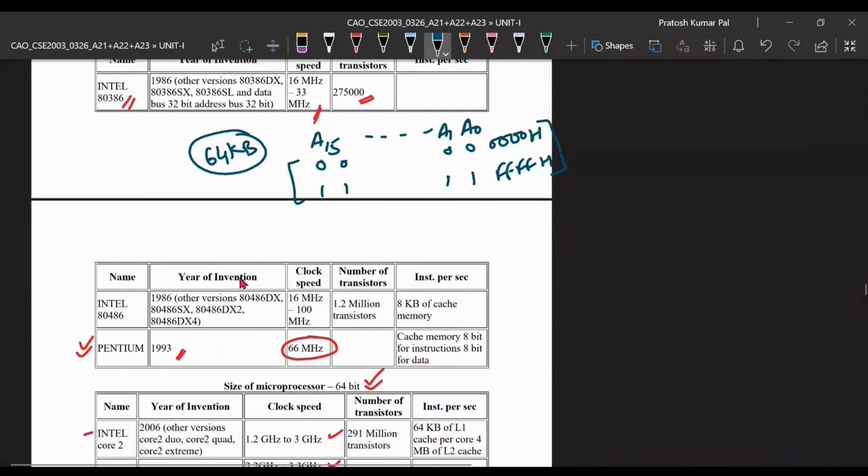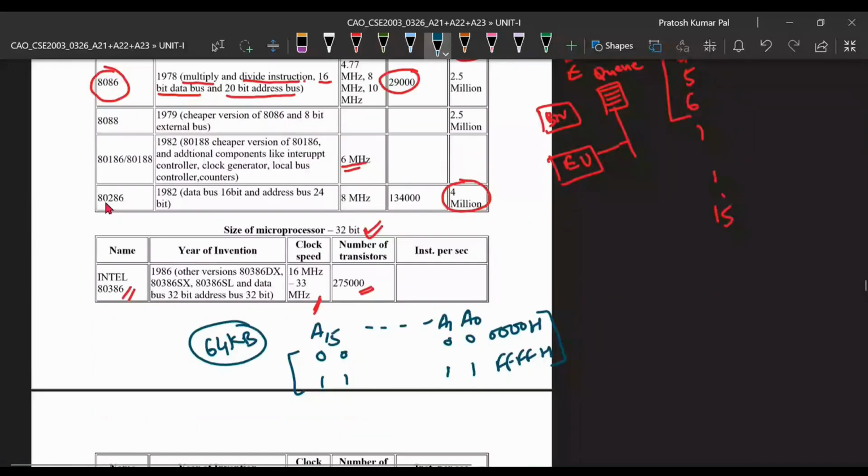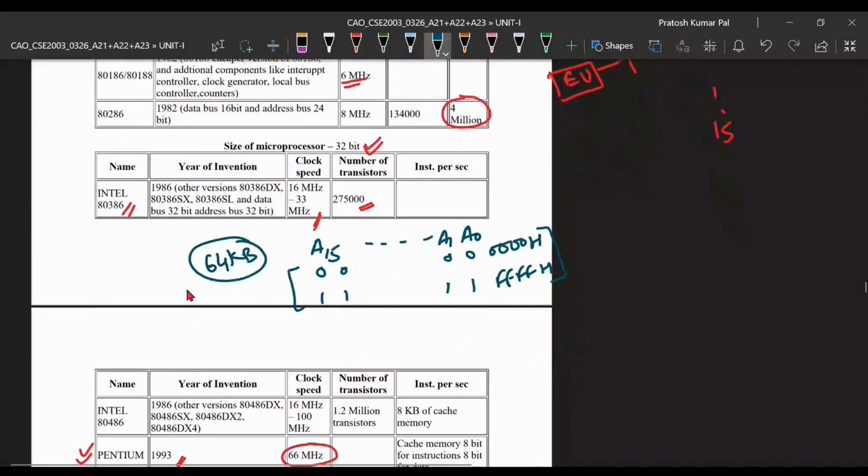Similarly, if we talk about 20-bit address lines, then it can have 1 MB of data access. As we increase the address lines, we can have a larger range of data we can access.